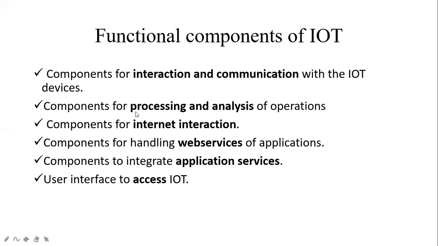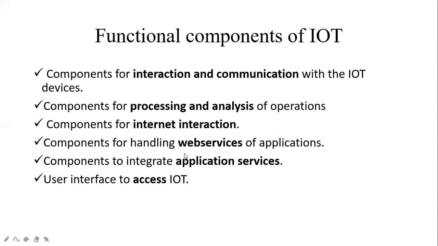Second one is processing and analysis. What comes under this? Your data analysis process, your analytic process, comes under processing and analysis of the operation. Internet interaction: whether your system requires internet or not, and which type of internet it requires, comes under internet interaction.